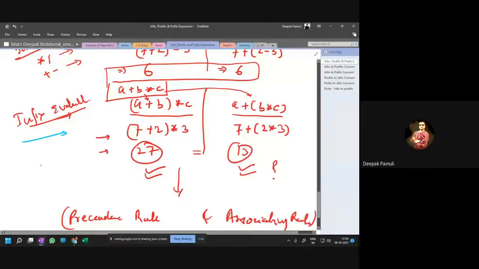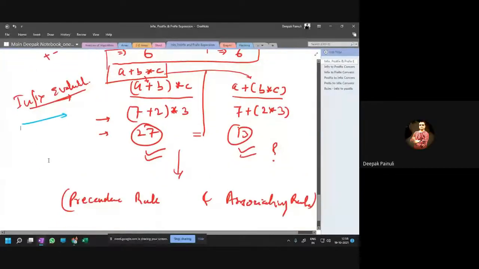Guys, if I have the expression A plus B into C, according to associativity and precedence rules, which one should be calculated first? First B into C. B into C. So that's what we performed second here. That means this evaluation is correct, and this expression is incorrect according to the precedence and associativity rules.